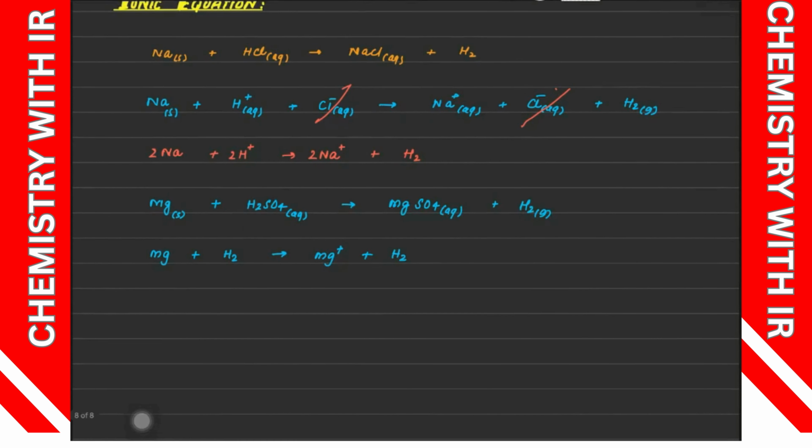Okay, see this. First of all, you have to break it down. This is magnesium solid. Sulfuric acid gives us 2H+ ions and sulfate. I'm going to write down state symbols. Since this is also aqueous, I'm supposed to break it down in this manner. And hydrogen gas would remain the same.